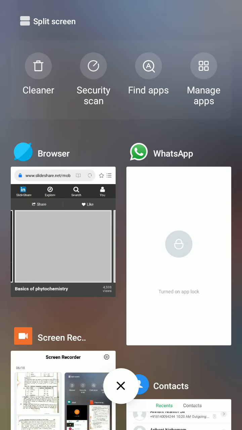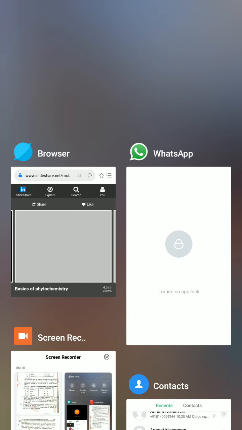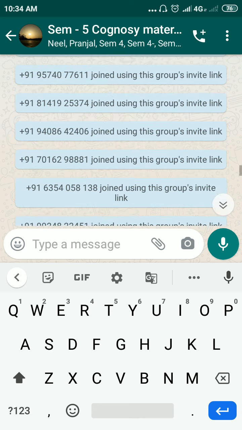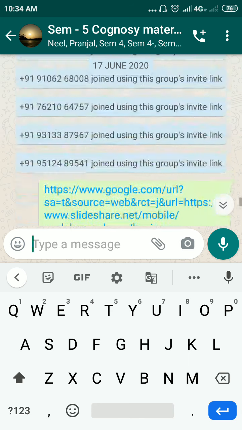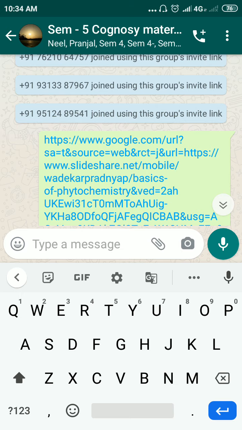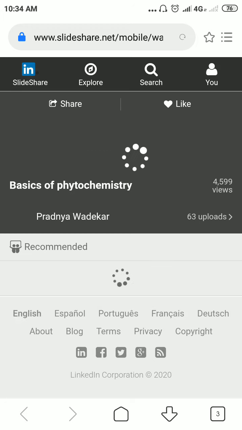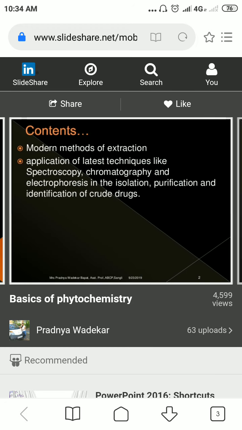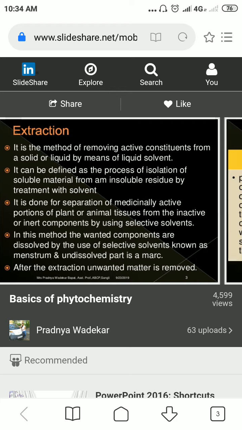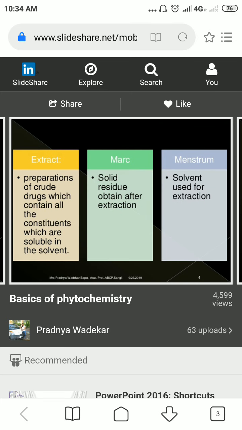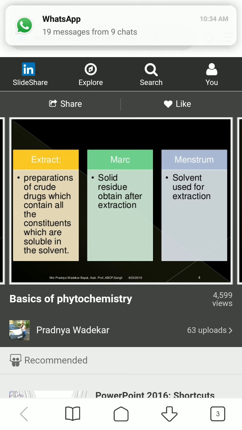For selection of solvent we first check the nature of the phytoconstituent. If our constituent is polar in nature, we choose a polar solvent like water, alcohol, and if our phytoconstituent is non-polar in nature, we choose a non-polar solvent like benzene, chloroform, diethyl ether, according to the non-polarity or organic character of the phytoconstituent.